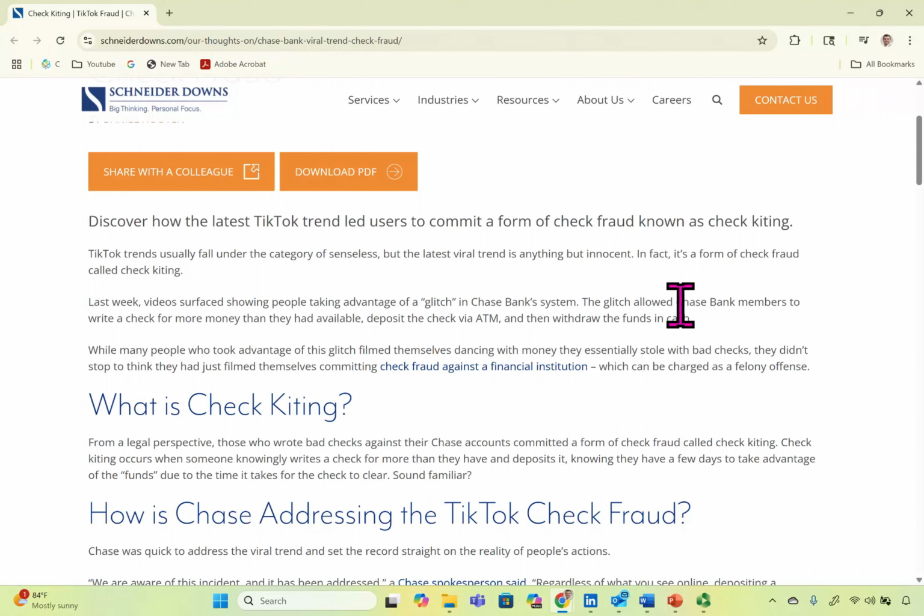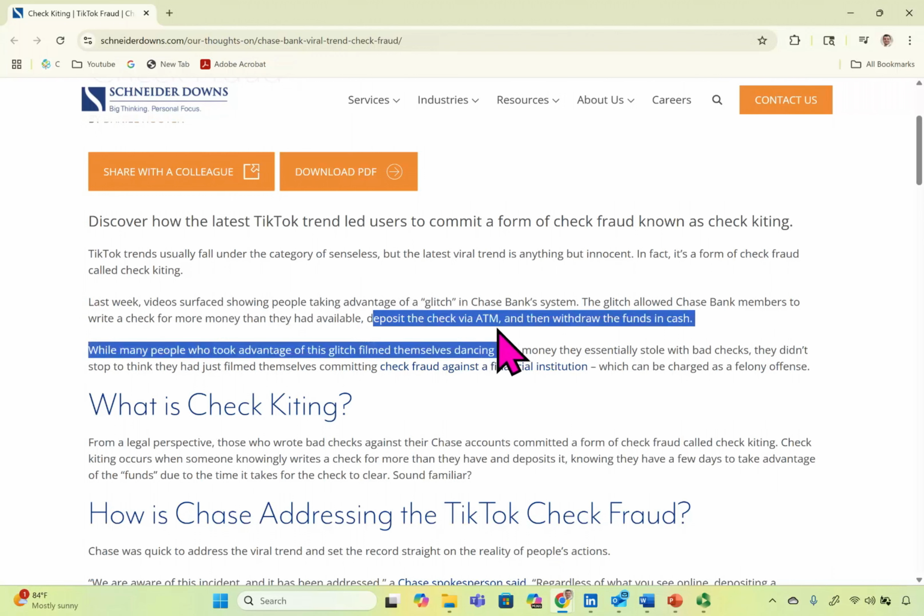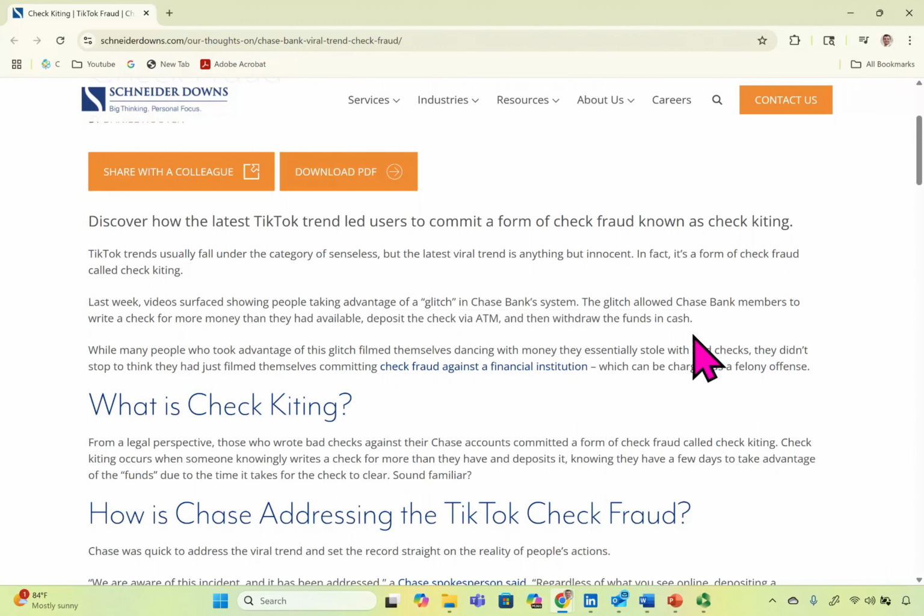It allowed Chase Bank members to write a check for more money than they had, deposit the check via an ATM, and then withdraw the funds in cash. So basically you're showing that you have more money than you actually have. It's a form of check kiting. That's basically what it is. Now obviously Chase caught up on this, and they fixed the glitch.